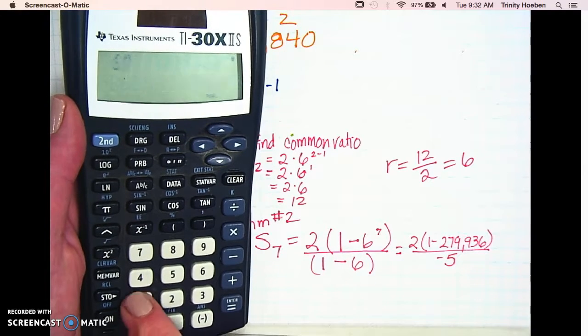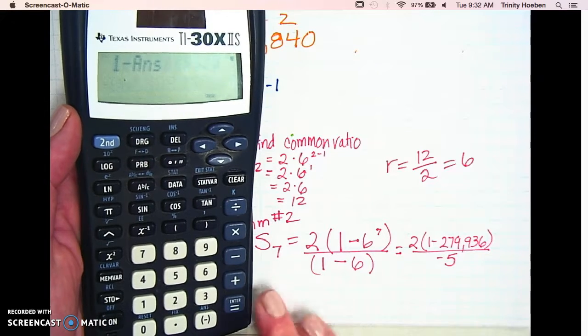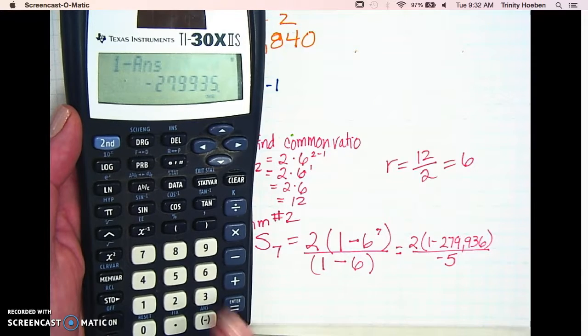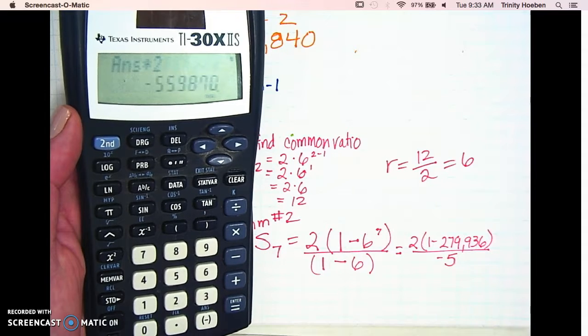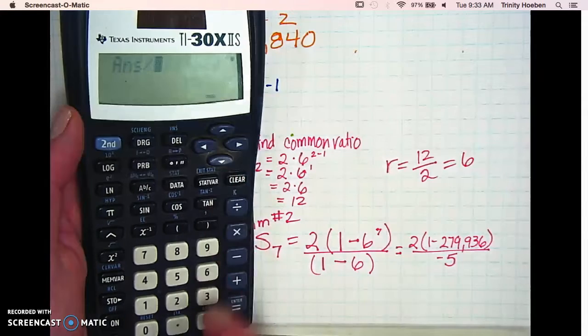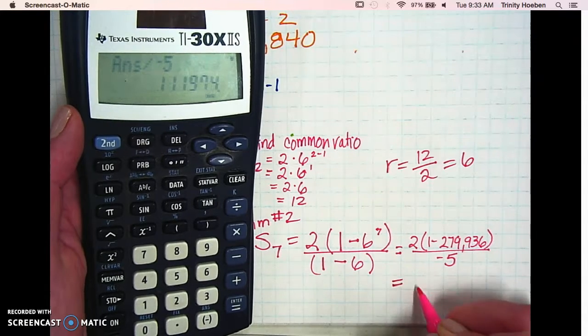So on your calculator, you can go 1 minus, if you hit second answer, it'll put it in there for you, or you can type it in there. So you get the negative number, multiply that by 2, and then divide that by negative 5. Negative 5, not positive 5. Hit the equal sign, and it simplifies it for you.